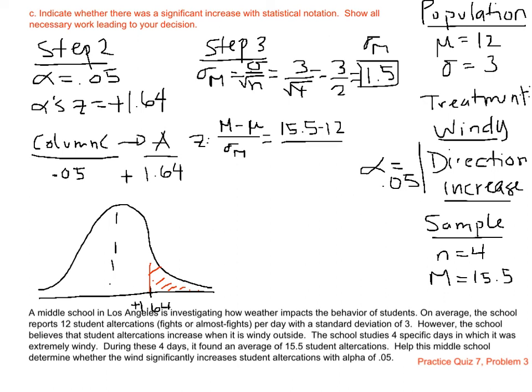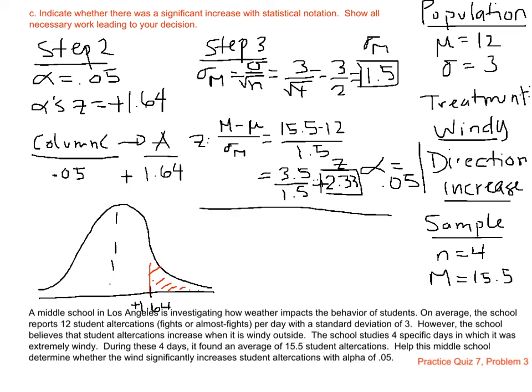And my standard error, we just calculated it to be 1.5. 15.5 minus 12 is 3.5. I'm going to divide that by 1.5. And I am left with 2.33. So this is my sample's z-score, and that it is positive.